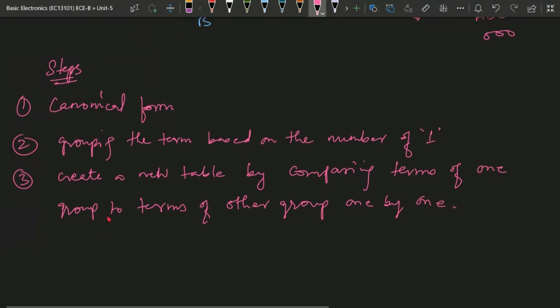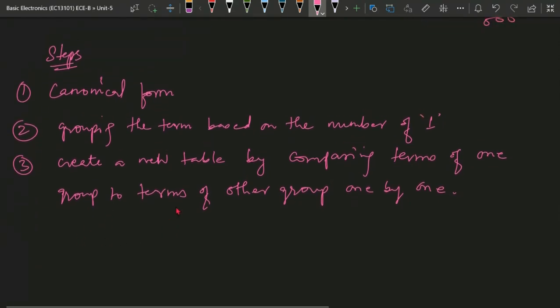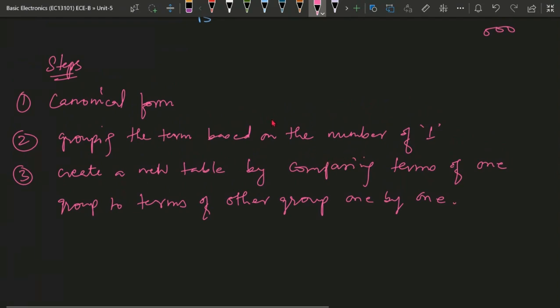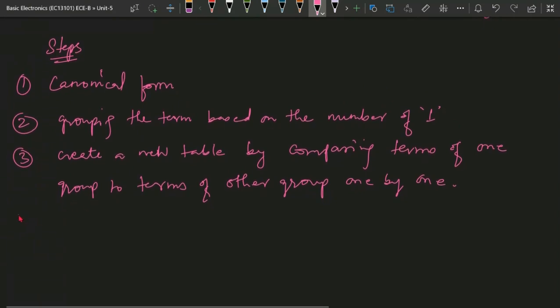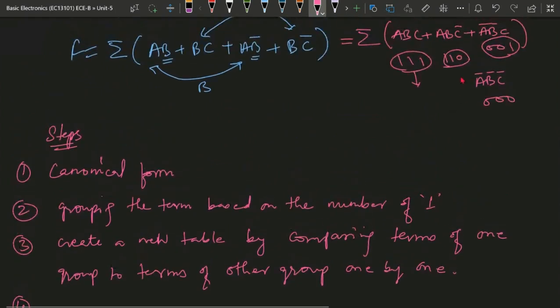Basically we are going to create another table by combining the min terms from one group to the min terms of the other group. And while comparing, we will be comparing basically the number of digits.